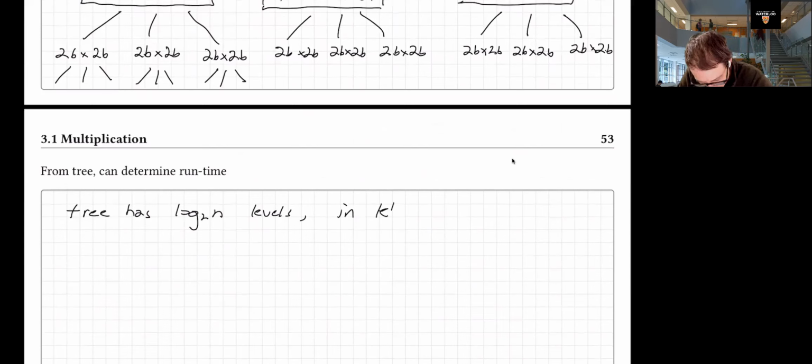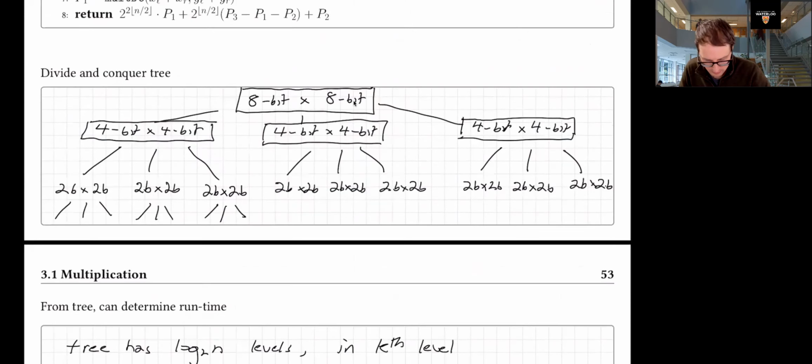In the kth level, how many multiplications do we have? So let's say this here is level 0. This is level 1. This is level 2, and so on.